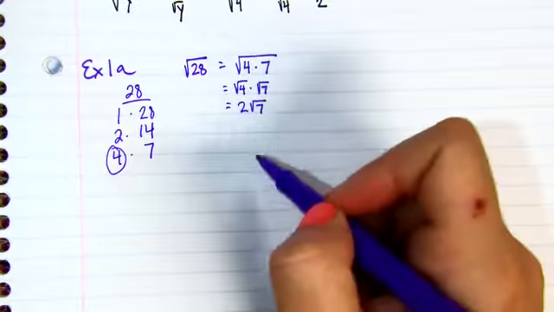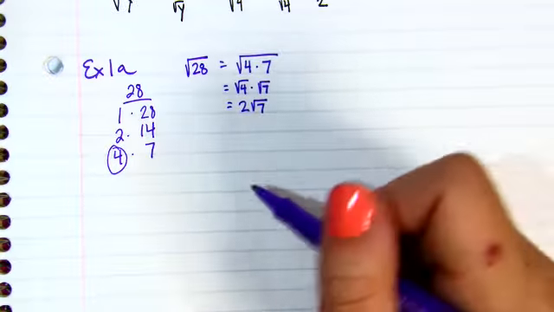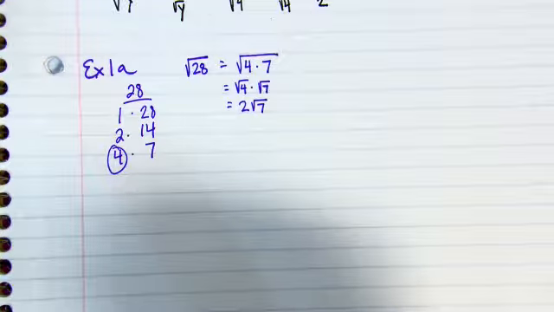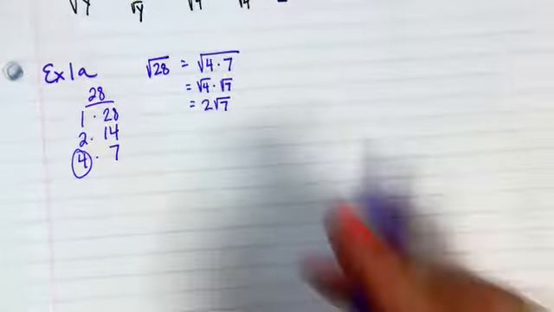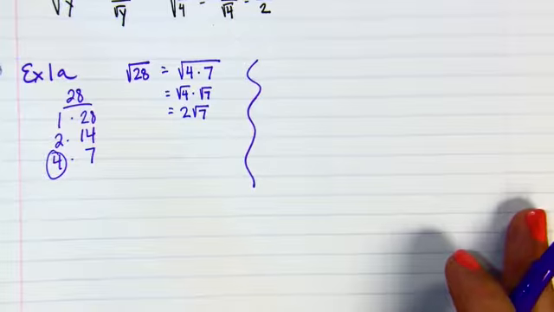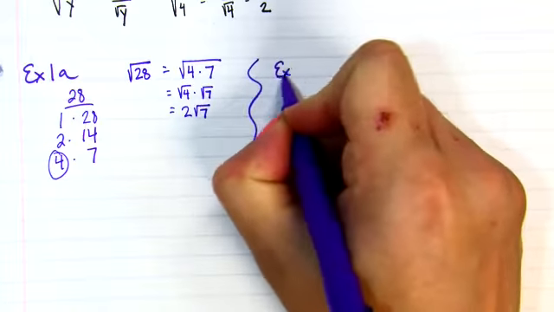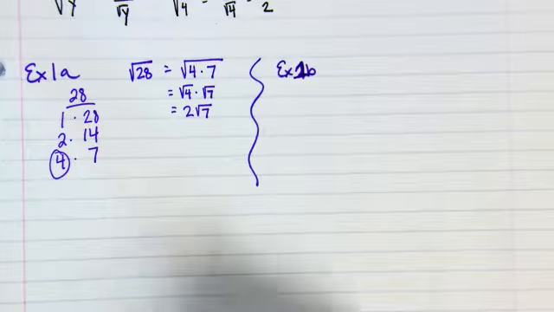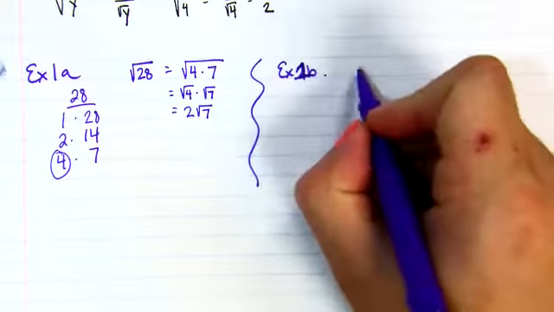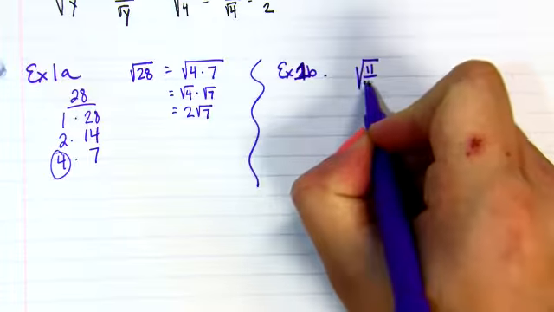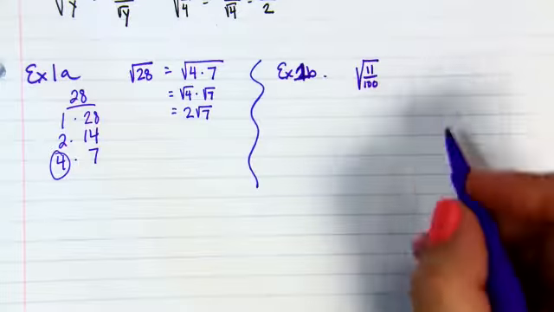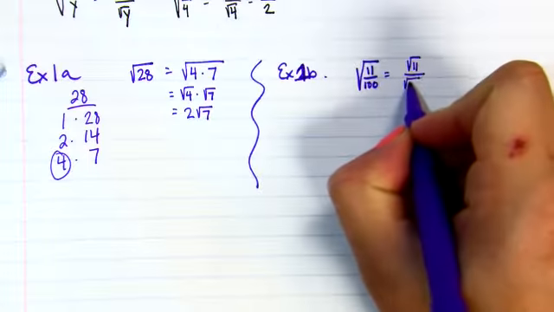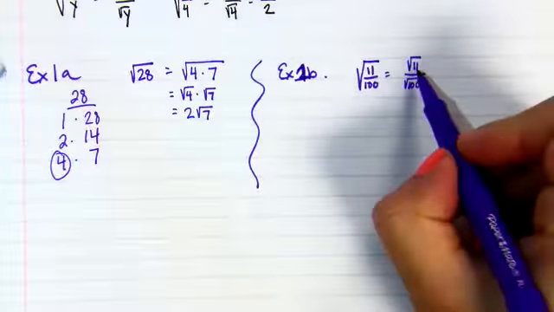And right now this might not look any better. However, it actually is going to help us later on when we have things that we need to do with square roots. We can do the same thing with the quotient rule like we did before. So for example, 1b, if I wanted to take the square root of 11 over 100, I could simplify that to the square root of 11 over the square root of 100.